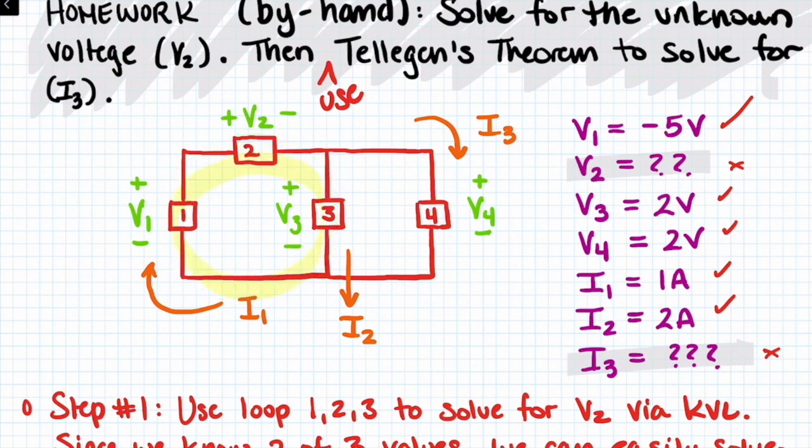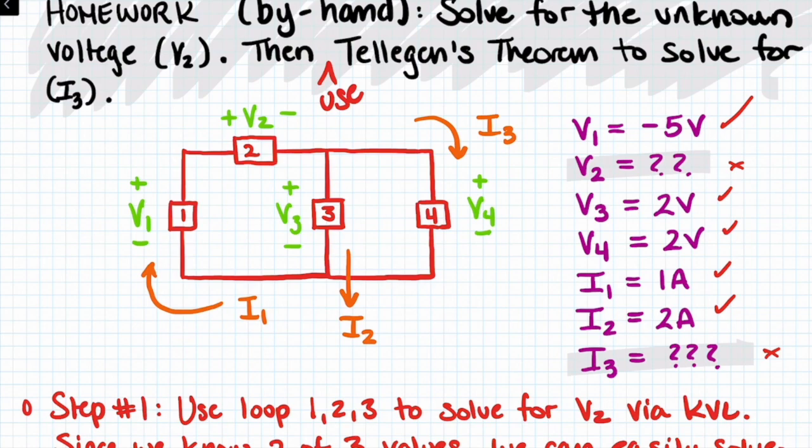We can use this loop, or we can use the bigger loop. Either one is fine because both will include V2 and both will have all the other values being known. The only option that wouldn't work, hopefully it's obvious, is this loop because it doesn't include V2.